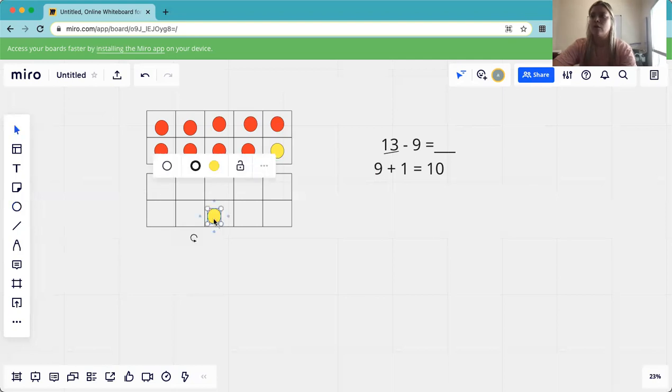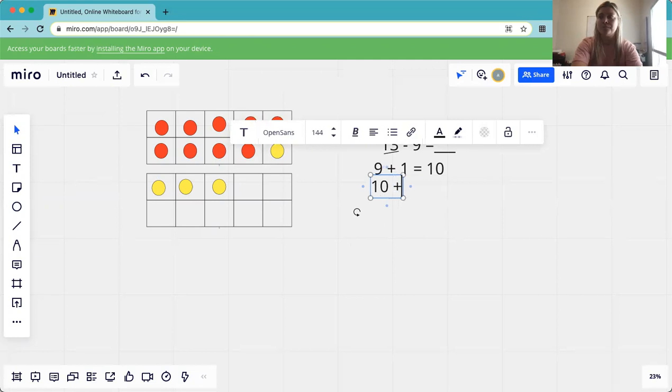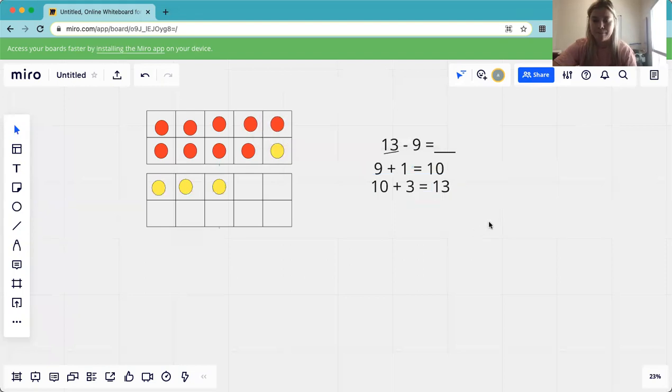So 10, then 11, 12, 13. That helped me because I counted on from 10. So here I see that I added my 10 and I added 3 more, which got me to my 13, to my problem 13.